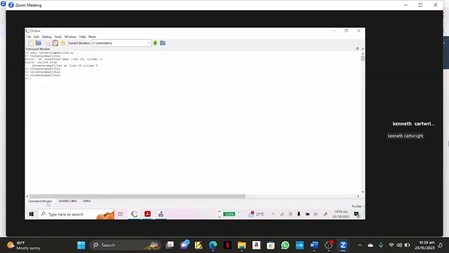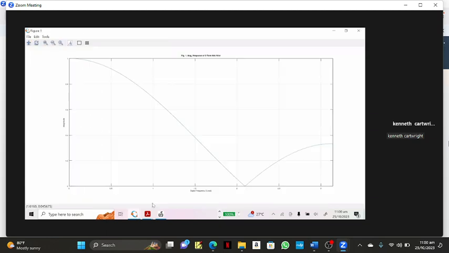Let's see if it does. Yes, there it is. So I said what the minimum and maximum X scale should be, and what the maximum Y scale should be. So now I have a nice little graph.